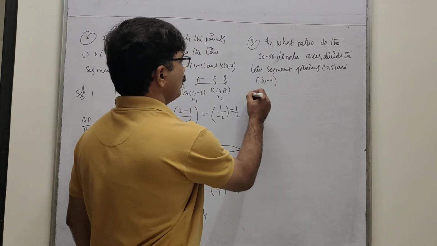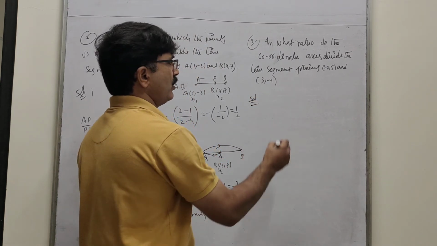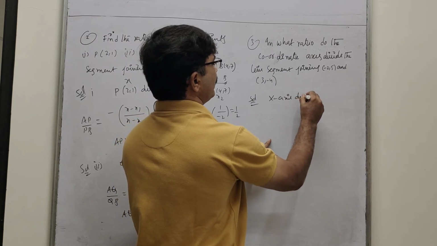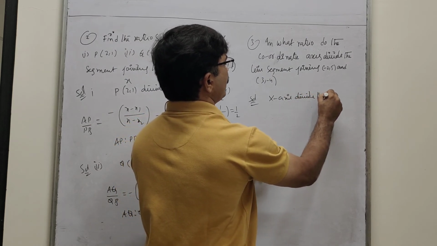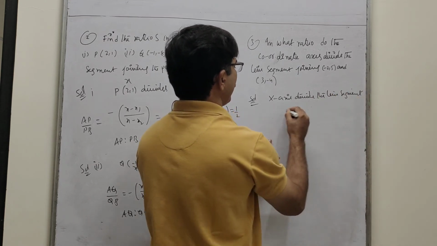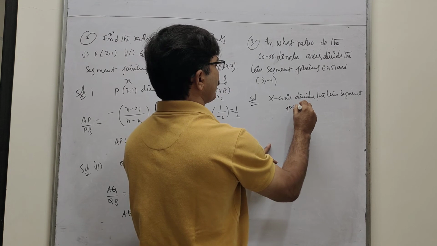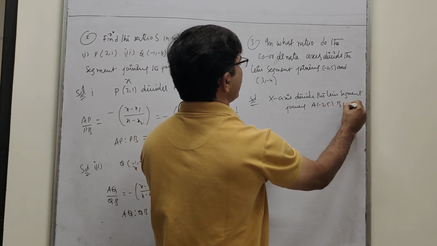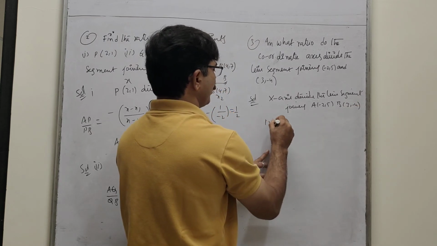So first we'll do like this. X-axis divides the line segment joining A(-2, 5), B(3, -4) in the ratio.